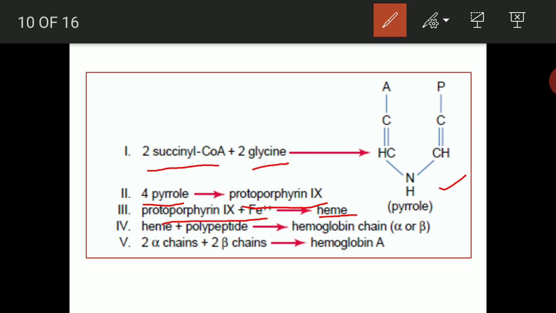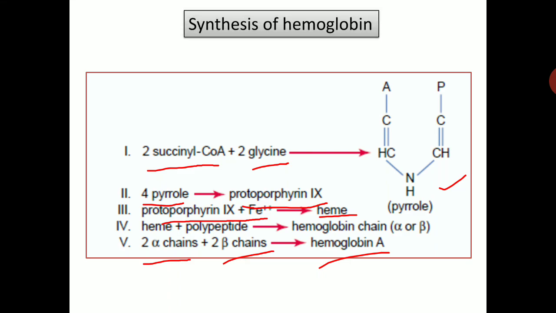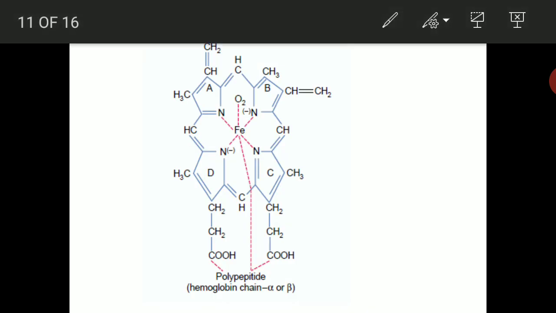And when heme is combined with a polypeptide chain, a hemoglobin chain will form. It may be either an alpha chain or a beta chain, and 2 alpha chains and 2 beta chains will form one hemoglobin. So what is fetal hemoglobin? 2 alpha and 2 gamma is fetal hemoglobin. This is very simple, you have to remember this.